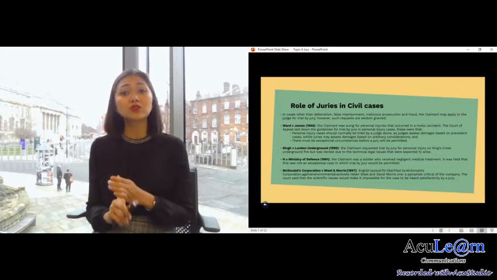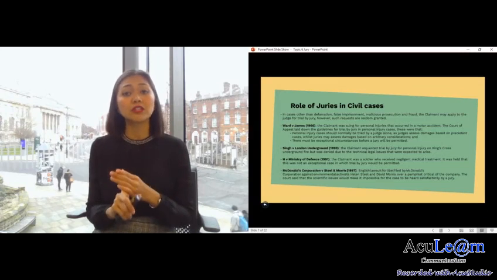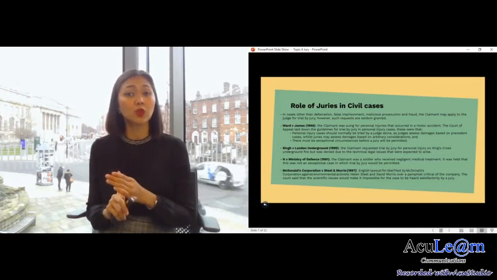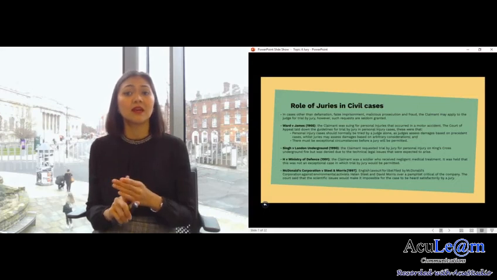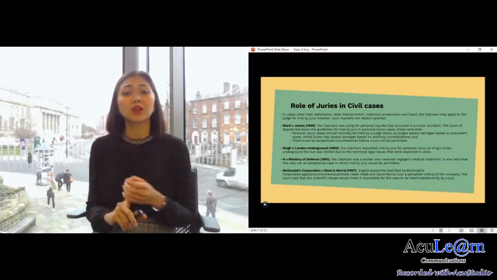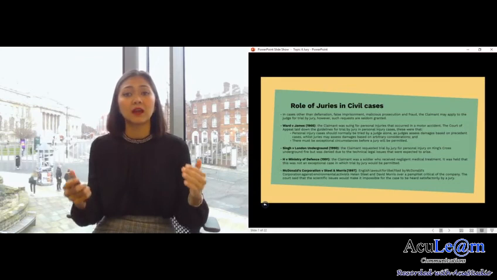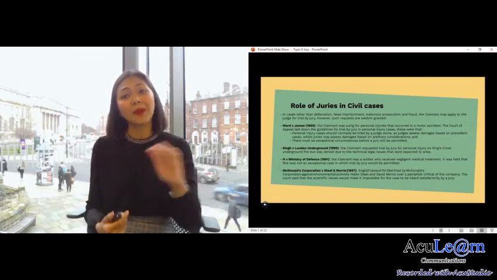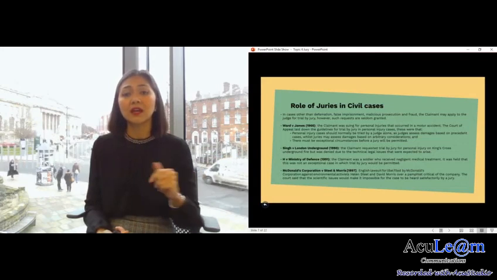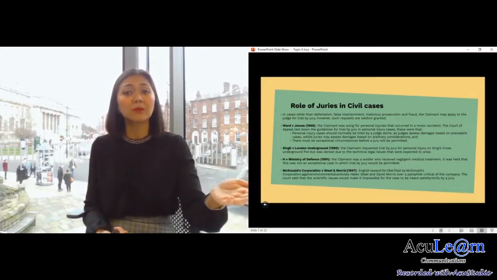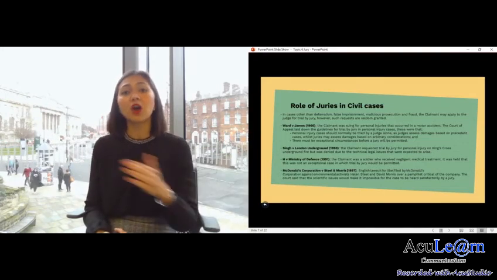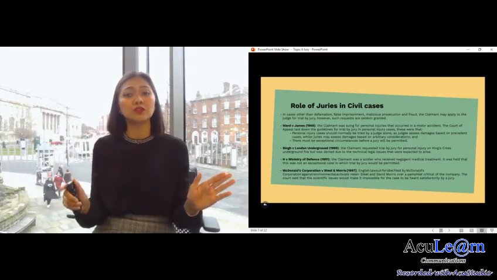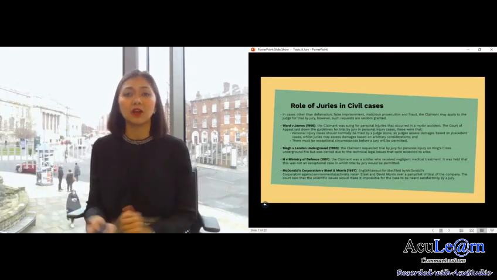So please do familiarize yourself with all these 4 cases with regards to role of juries in civil cases, because these are the examples where parties request for trial by juries in civil cases, and depending on the circumstances of the case, judges would grant trial by juries, or in some circumstances, the court will say no trial by juries because of the complexity of the case.